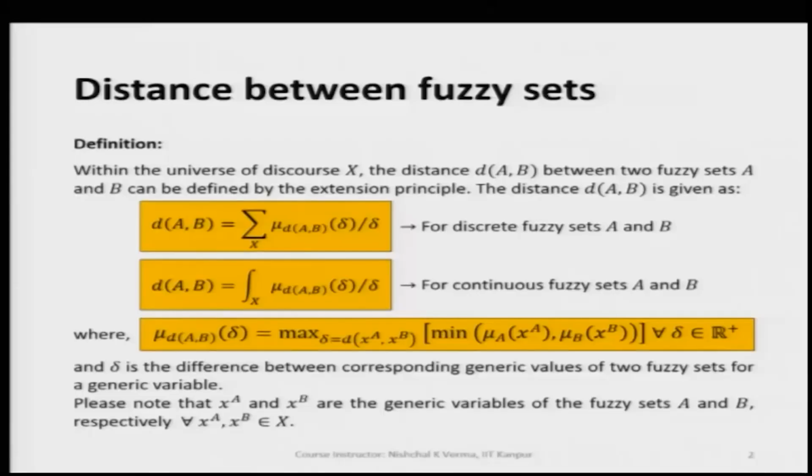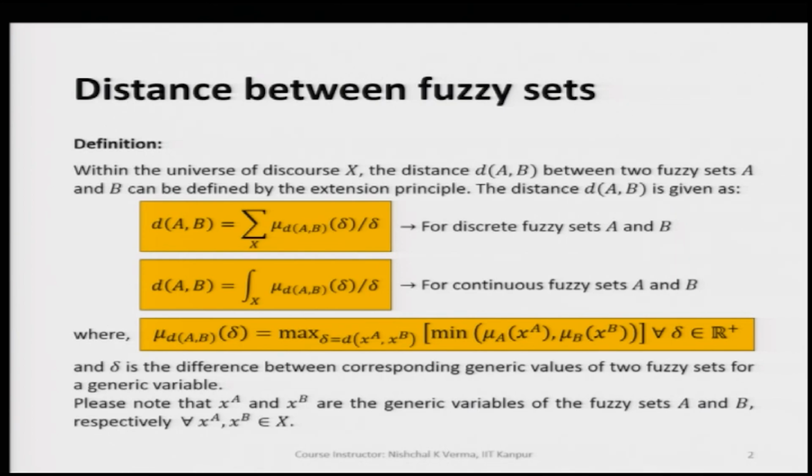This lecture is in continuation to lecture number 18, where we have already discussed the formulation for finding the membership values corresponding to the generic variable value, that was lambda, for the distance between two fuzzy sets.